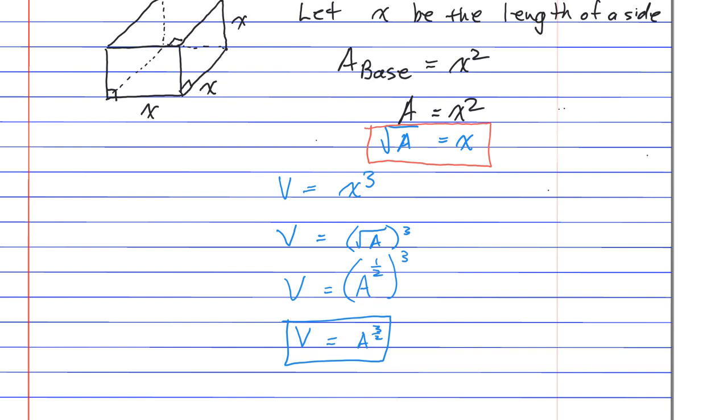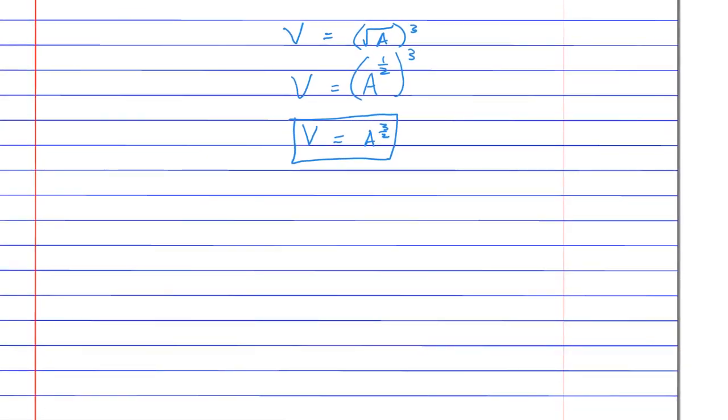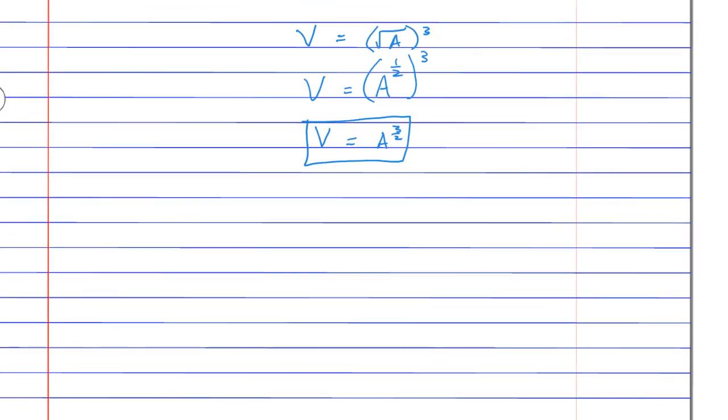Here's what you know based on your domain. Your domain of the V function is, if you think about it, the x value has to be bigger than 0 for us to have any length at all, right? But because of that, remember A is equal to x squared, but then we found out that x was the root of A, wasn't it?